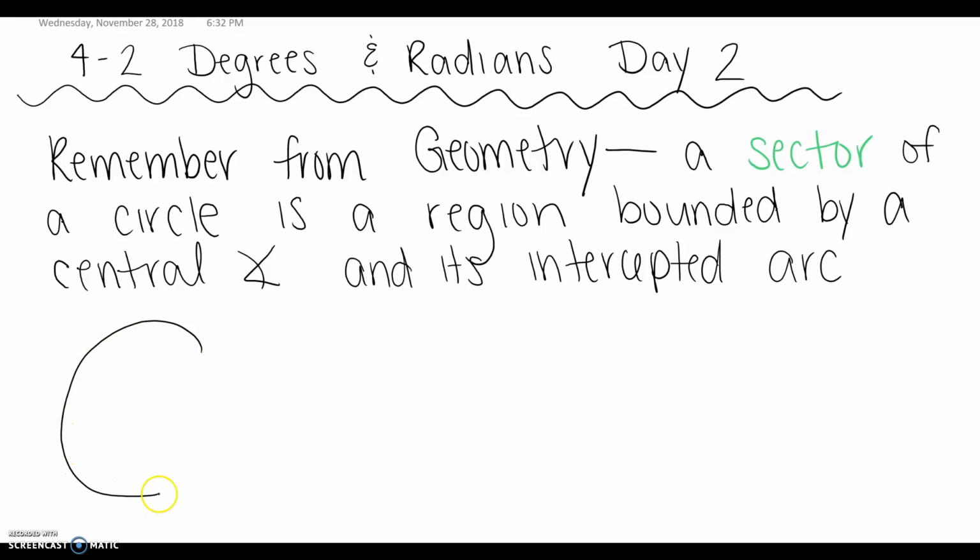So if we have a circle, here's the center, here's some angle, theta, the intercepted arc is here, so if I shade it, this is going to be my sector.